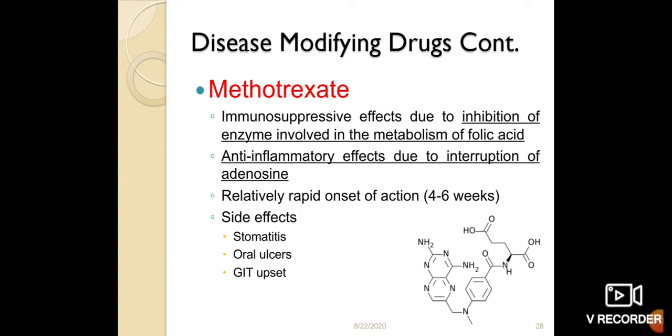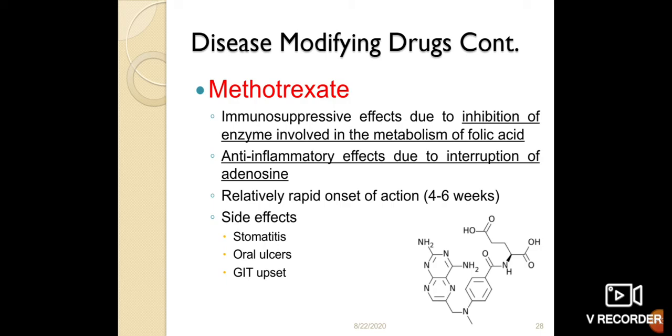It has an immunosuppressive effect due to inhibition of enzymes involved in metabolism of folic acid, and an anti-inflammatory effect due to interruption of adenosine, with relatively rapid onset of action; from 4 to 6 weeks it can show some results.